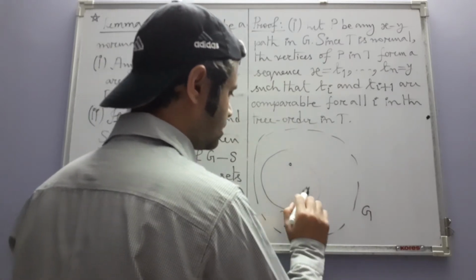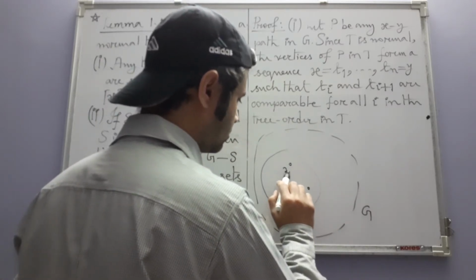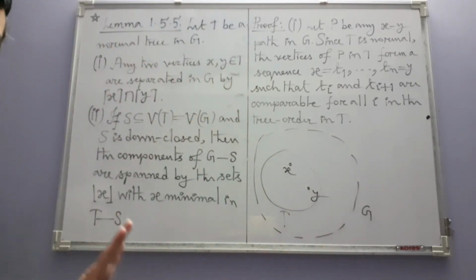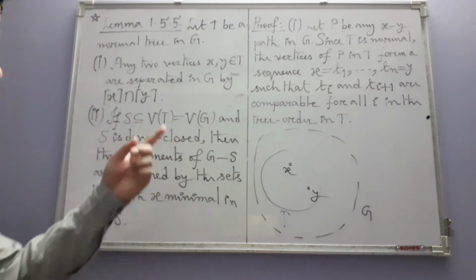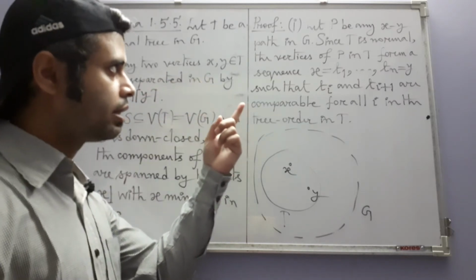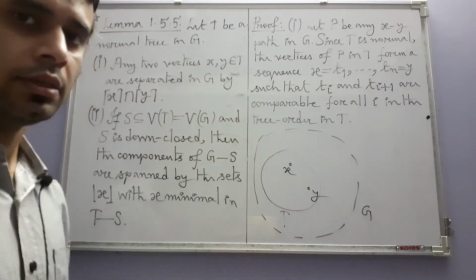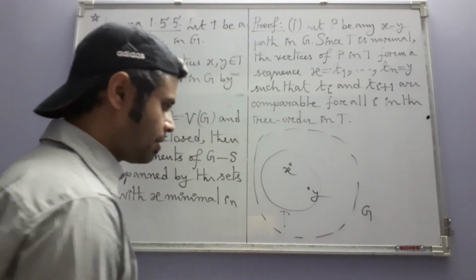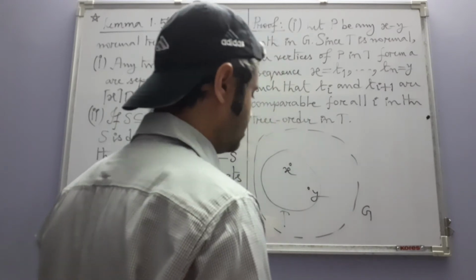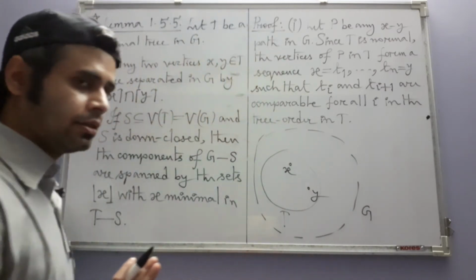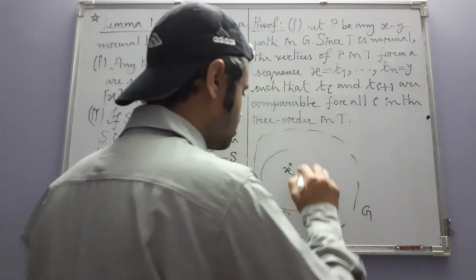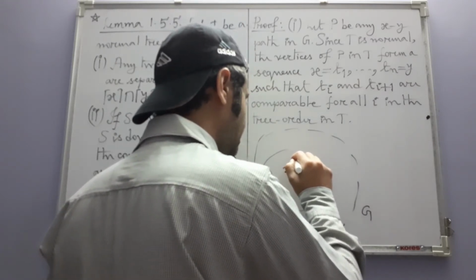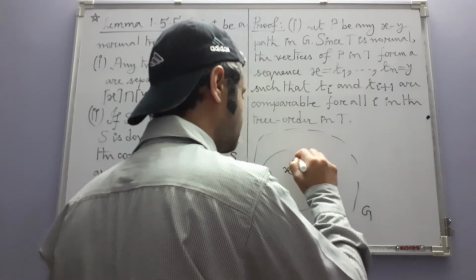But the vertices x and y are in T. Now note that we have considered any xy path in G, not in T. Any path in G joining x and y, and this is not a T path, this is any path.